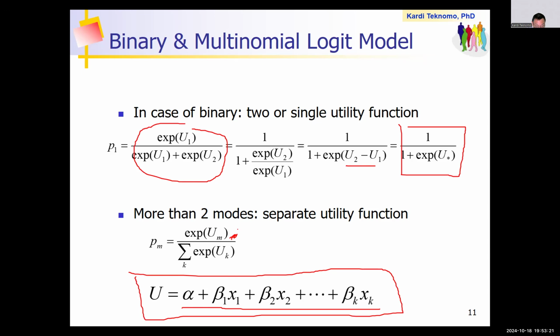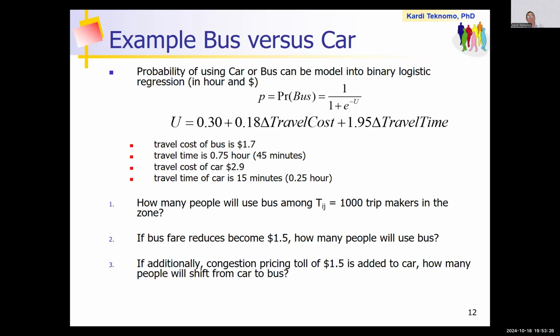So let's take an example so that you can get the idea. Suppose the probability of using car or bus, you have only binary logistic between car and bus. So this is the formula: the probability of using bus is 1 over 1 plus e exponent u. U depends on this value.